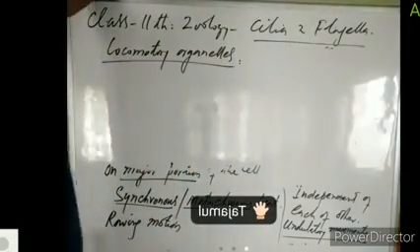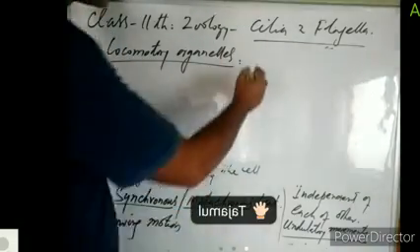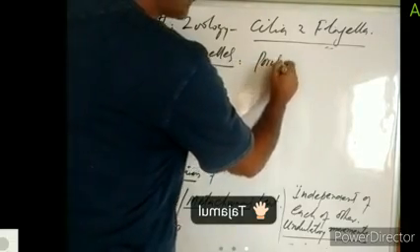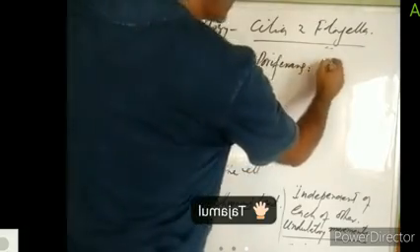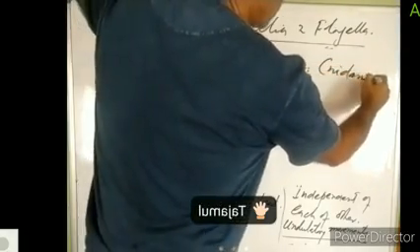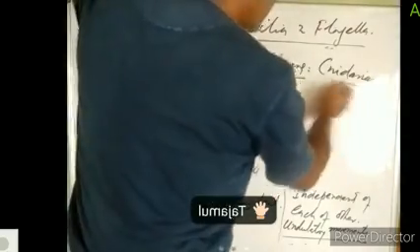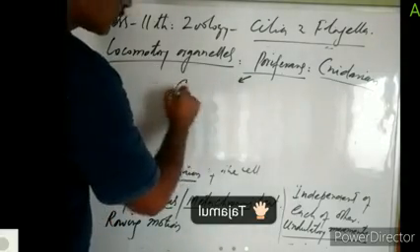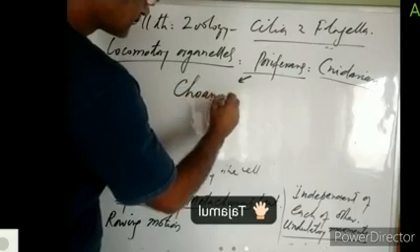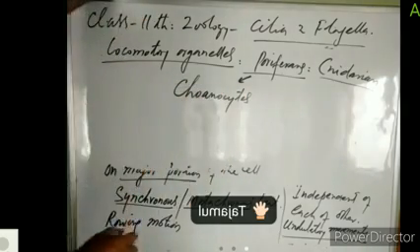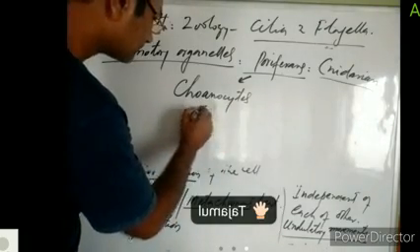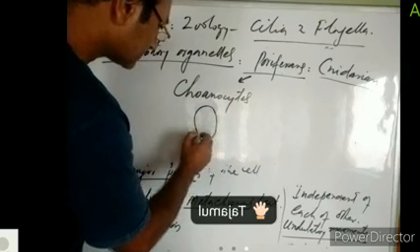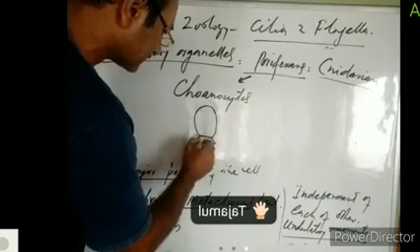In addition to that, flagella are also found in some poriferans and some cnidarians. Some poriferan cells and some cnidarian cells also possess flagella. You know, in poriferans, there are choanocytes. These choanocytes are flagellated collar cells.